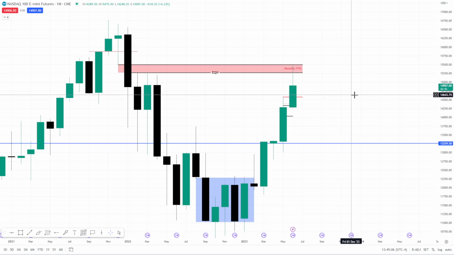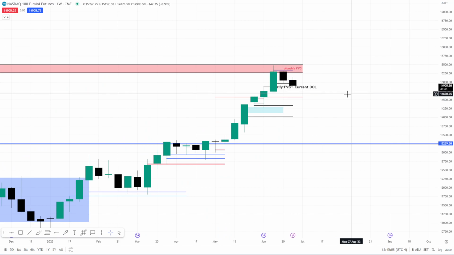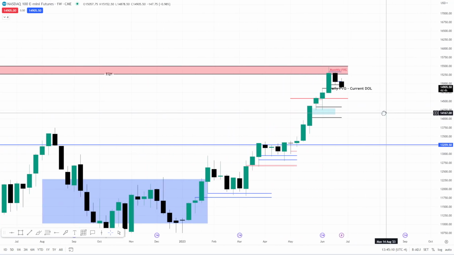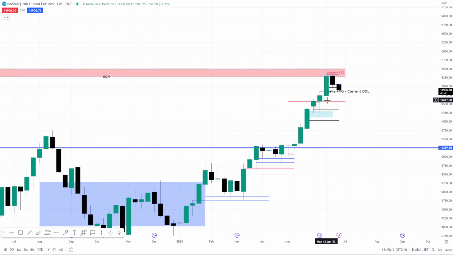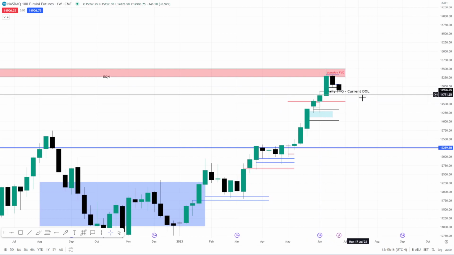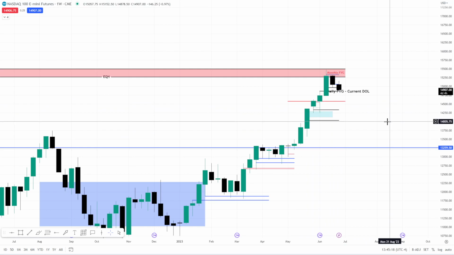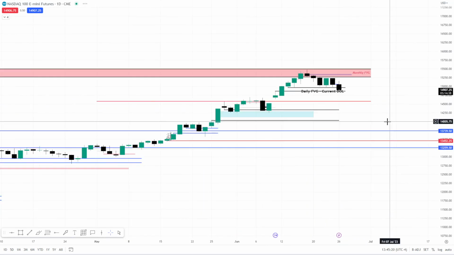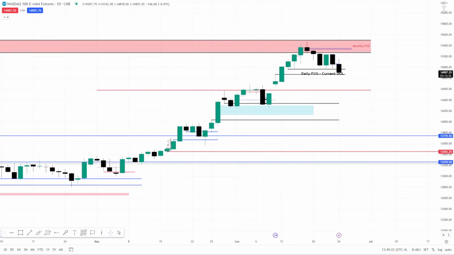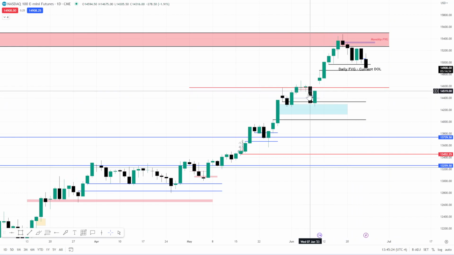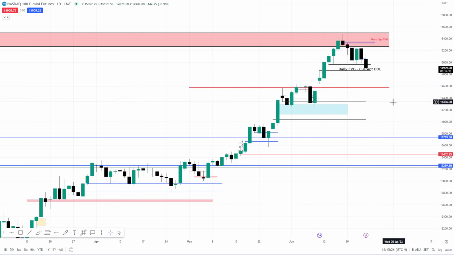So we have that. So week. Okay, that puts us rebalancing this weekly fair value gap. Okay, that puts us into this daily order block, general area.